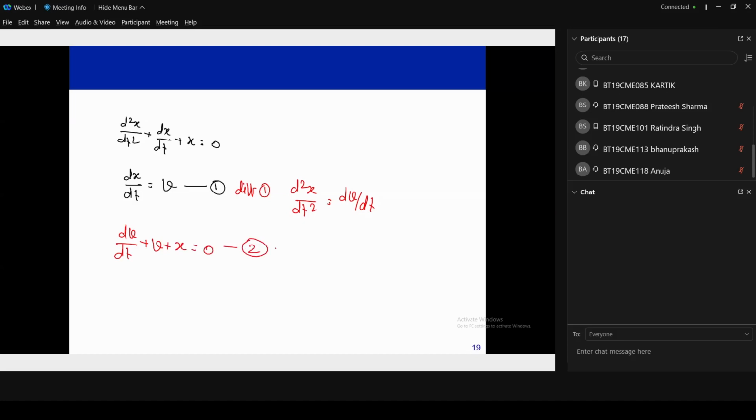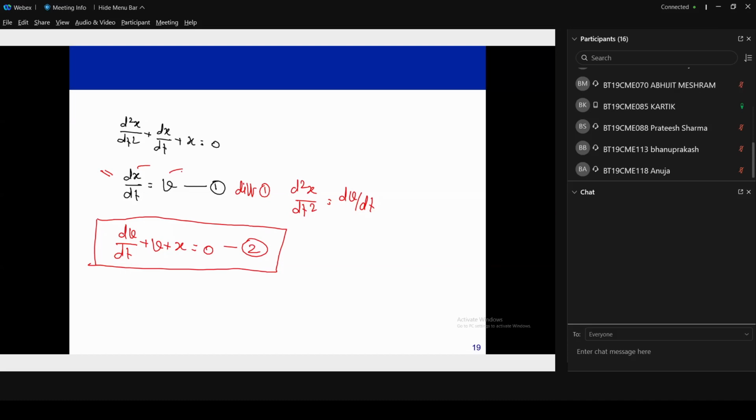Do you agree, Karthik? Yes, sir. Now forget about these equations for a moment. If I solve equation 1 alone, will I get the solution for x or the solution for v? For x.